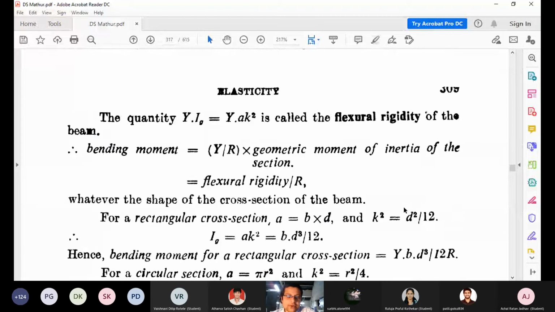Now again some new terminology, some engineering terms come in here. Remember we are talking about mechanical material properties. So here the quantity, this Young's modulus, the elastic constant, multiplied by the geometrical cross-sectional moment of inertia.